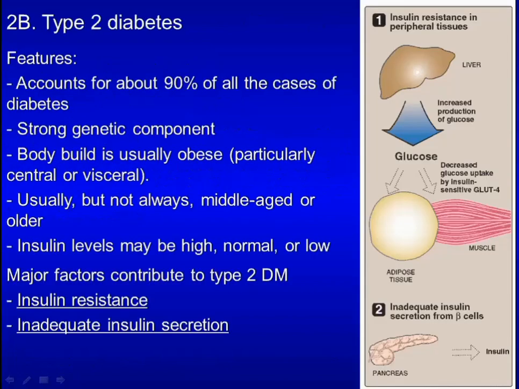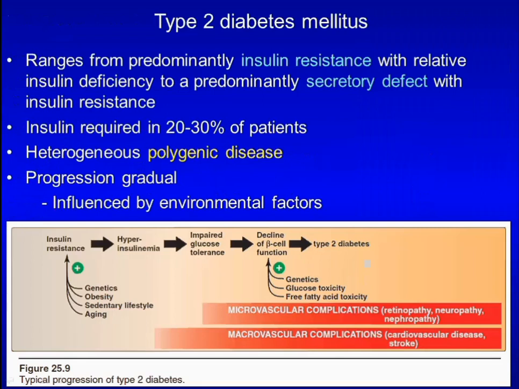Type 2 diabetes accounts for 90% of all the cases of diabetes. Major factors that contribute to type 2 diabetes are insulin resistance and inadequate insulin secretion. Type 2 diabetes is a polygenic disease.